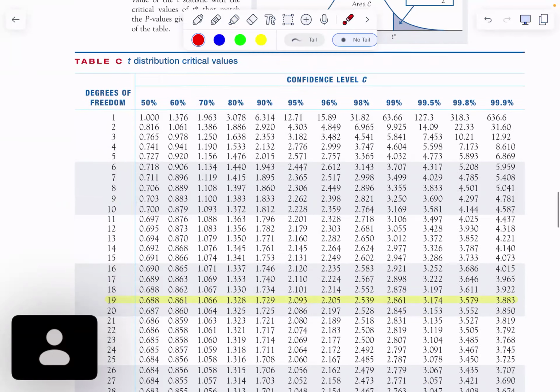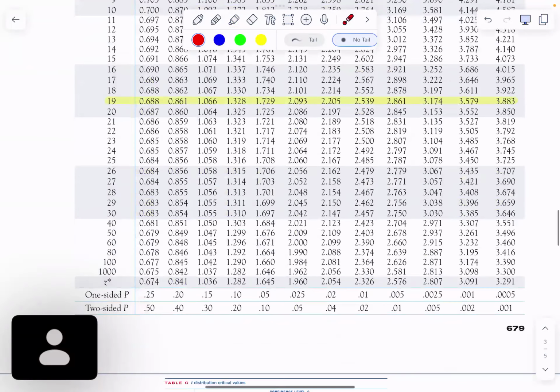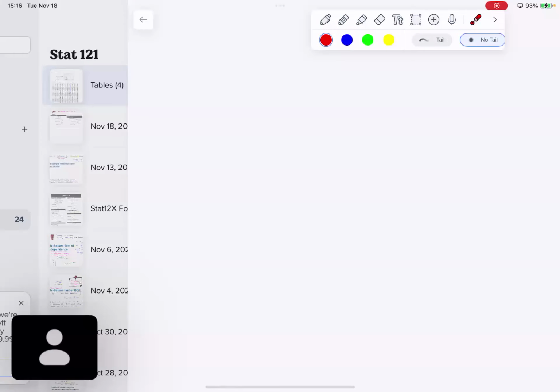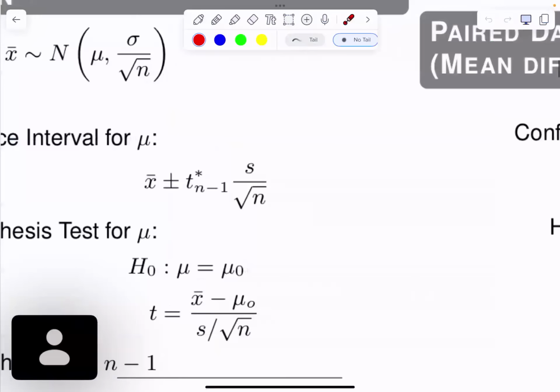You can use it to find p-values, right? Try to place your calculated t somewhere on this line and then map it down to your one-sided or your two-sided p-value. Right? And we'll work more with the t distribution today, so don't you worry.